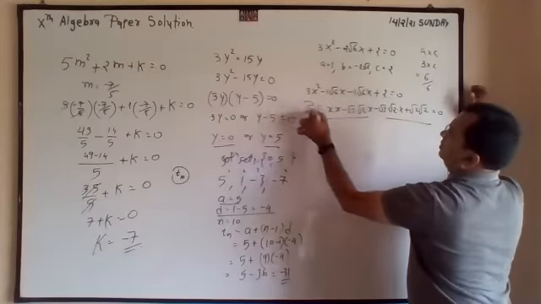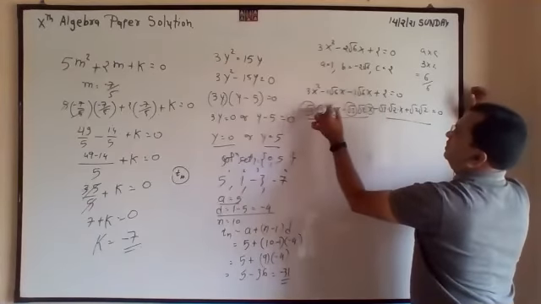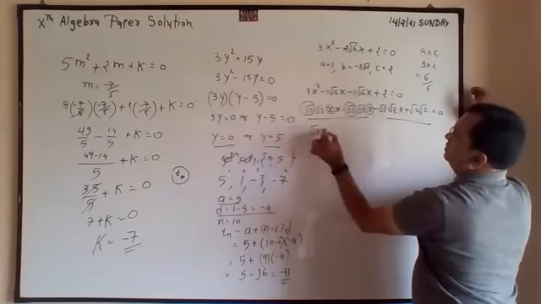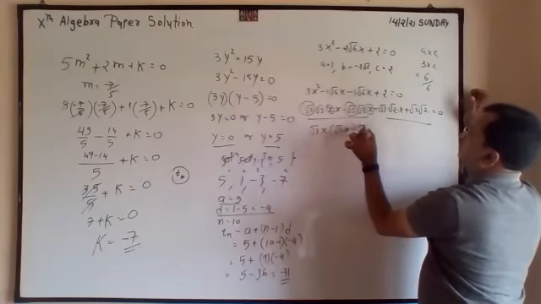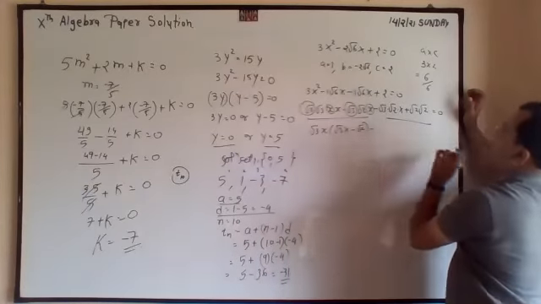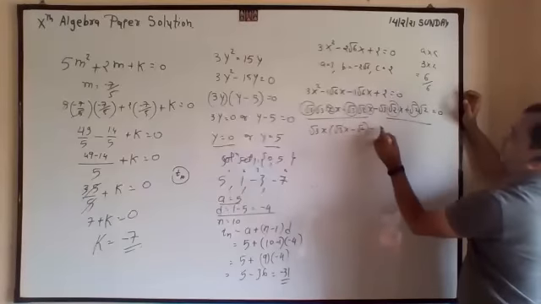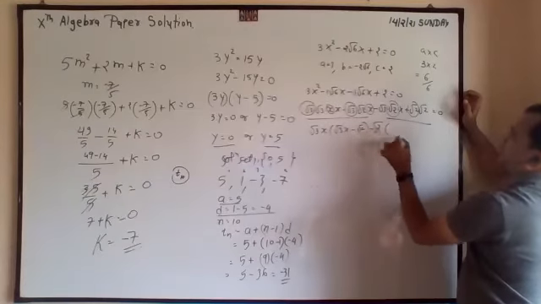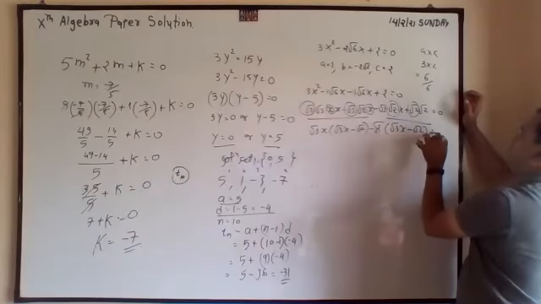Root 3 and x are common. Take root 3 x outside, so it is root 3 x minus root 2. Now here you can take only root 2, and minus root 2 common, so root 3x minus root 2.